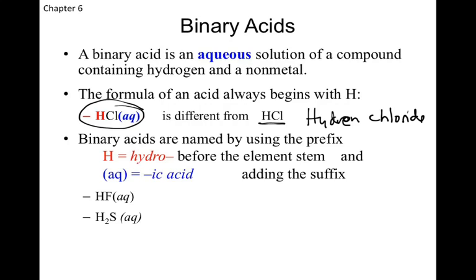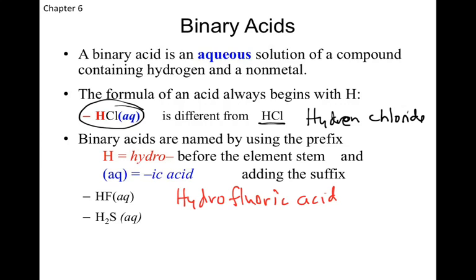So to go through and do that, we start off our acid name specifying that we have that hydrogen with our hydro, and then we follow that with the next element, its root, and then we change the suffix to ic acid. So for the two shown below, we have hydrofluoric acid.